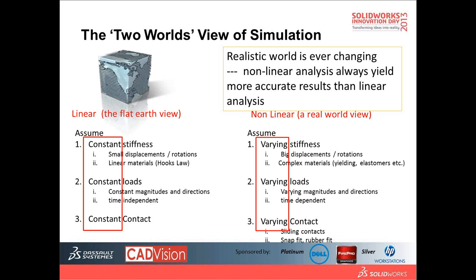Okay, and this is why when we're doing analysis, we look at the assumptions, whether the problem is actually already nonlinear. Then the linear analysis would not give an accurate result because the assumption is already violated.